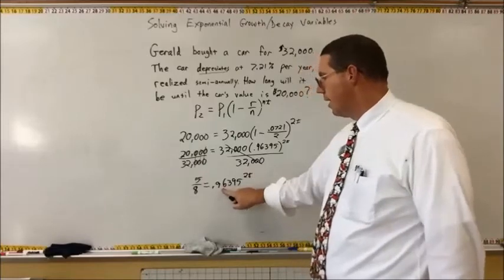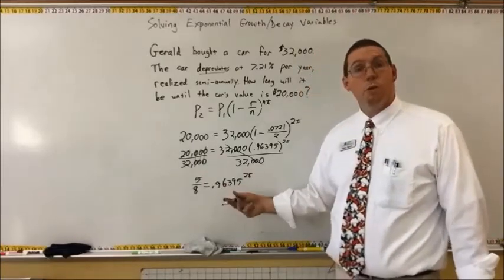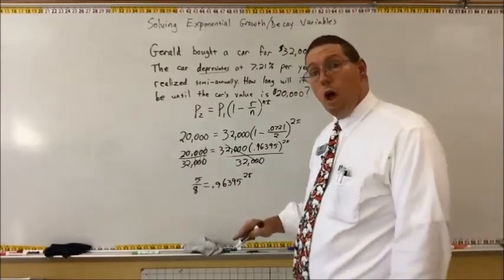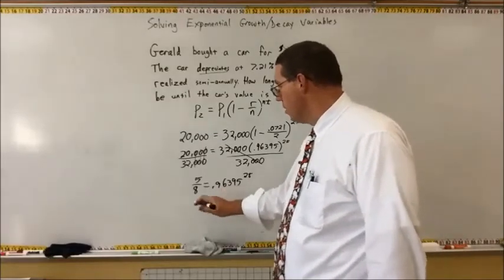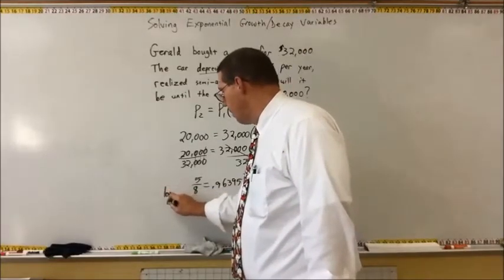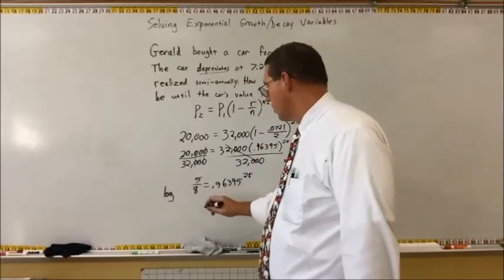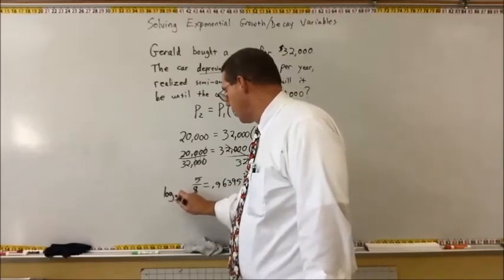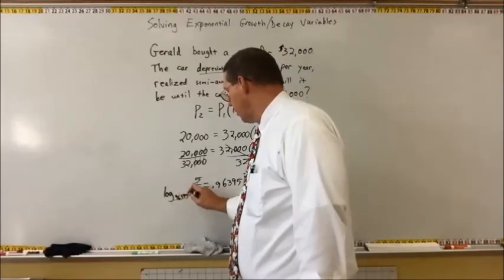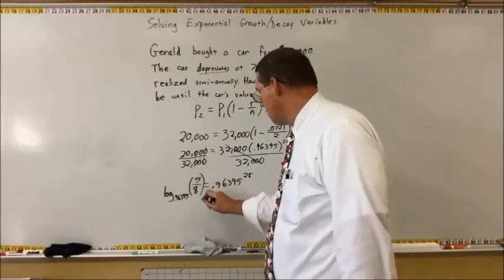Now, do you remember how we cancel an exponential base? We use a logarithm with the same base. So we're going to do log base 0.96395 to both sides.